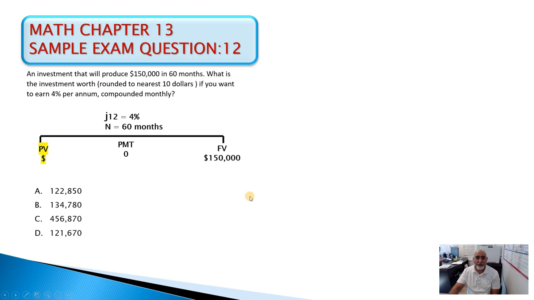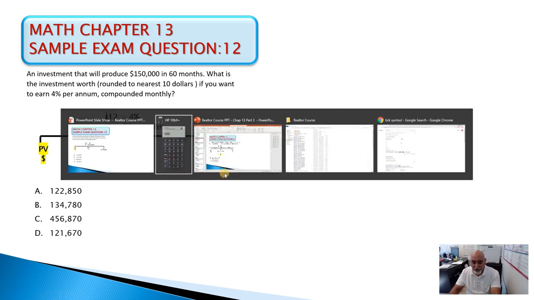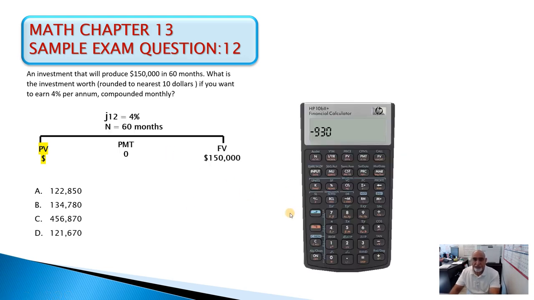These are the choices. Then we bring in the calculator and clear everything on the calculator. And first thing is your compounding periods, 12 compounding periods, and 4 for the nominal interest rate. Done. N is 60 months. The only time N is not important is when we're doing interest-only loans.